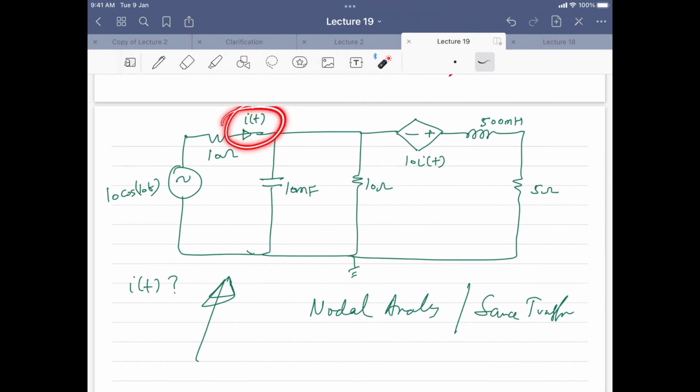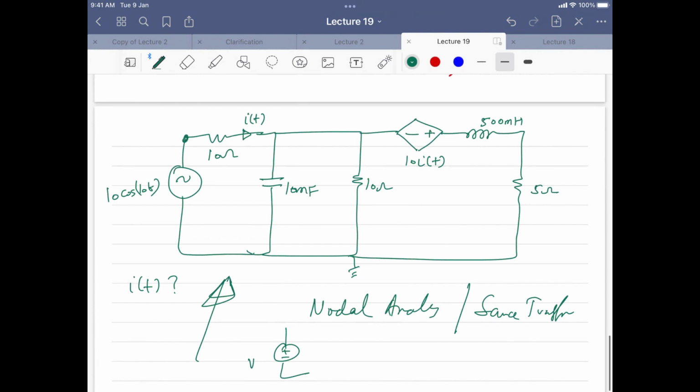We are interested in IT, right? So you have to remove the 10 ohm resistance first, and find the VTH and RTH from here. And once you find the VTH and RTH across these two terminals, you will get something like a VTH across.